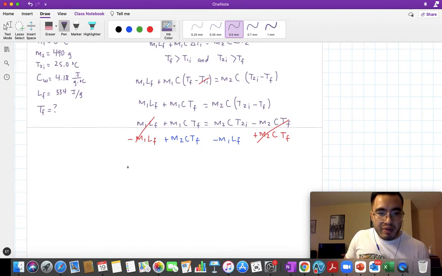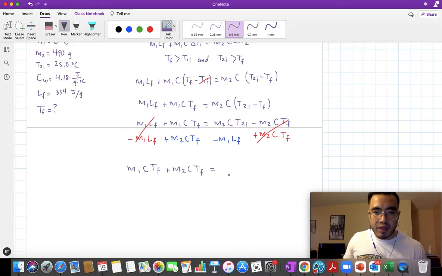So we'll have mass 1 specific heat temperature final plus mass 2 specific heat temperature final equals mass 2 times specific heat temperature 2 initial minus mass 1 latent heat of fusion.